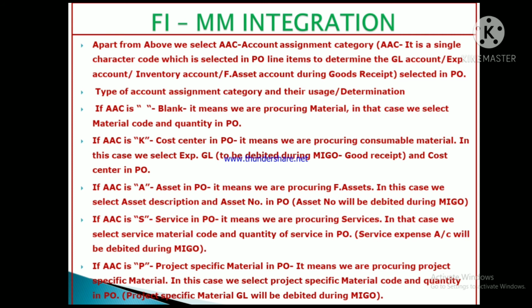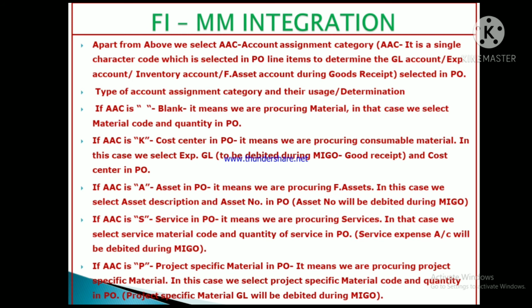The next type of AAC is K. K means cost center. It means we are going to procure a consumable material. What is consumable material? I hope you all know: the goods which we consume, we are not going to use for further process.